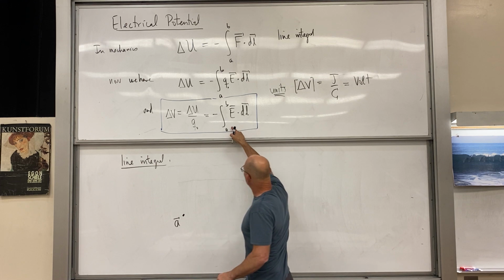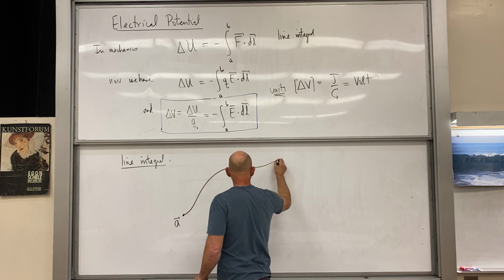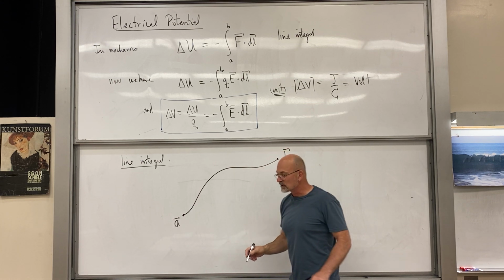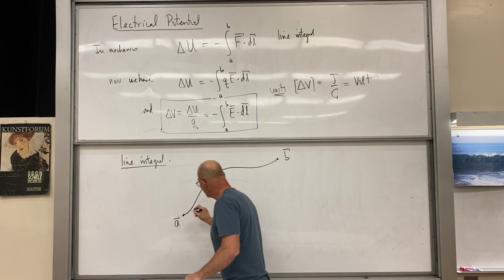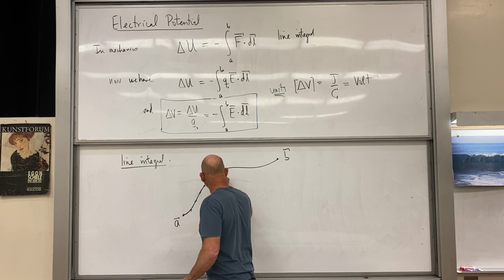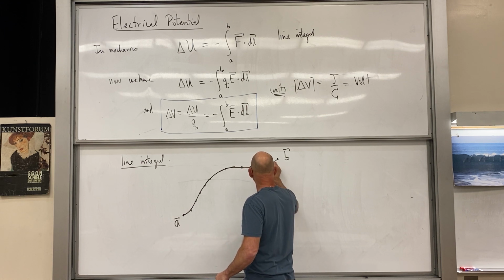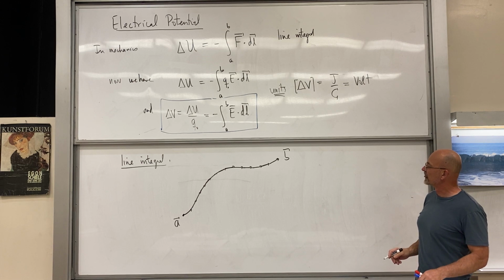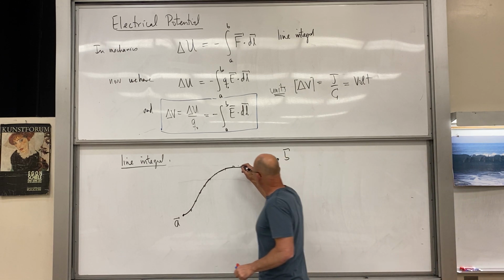These are actually points in space, so vector A and B. You've got a curve that goes out to B. So this integral from A to B would be along here, and our elements dl, if you construct them as infinitesimals, all these little segments, you can actually build Riemann sums the same way you did in calculus. So that's our dl everywhere.